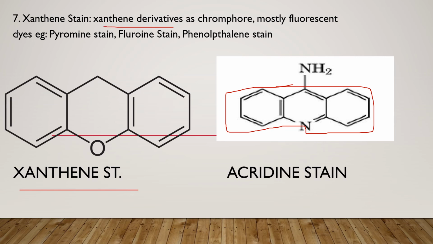So xanthene derivatives are acting as a chromophore, and they are mainly fluorescent dyes. So it could be the example pyronin stain, fluorescein stain, phenolphthalein stain, acridine stain, structures given over here. So such type of stains having xanthene derivatives as chromophore are called xanthene stain.